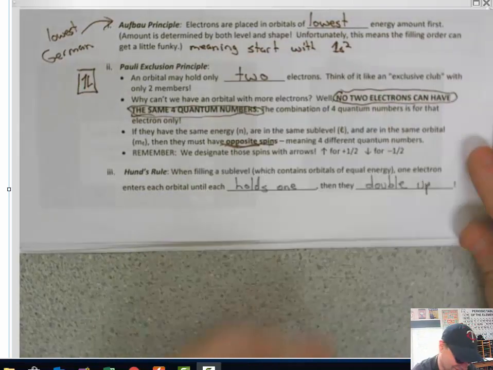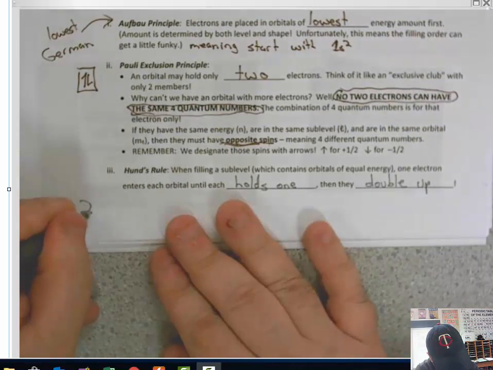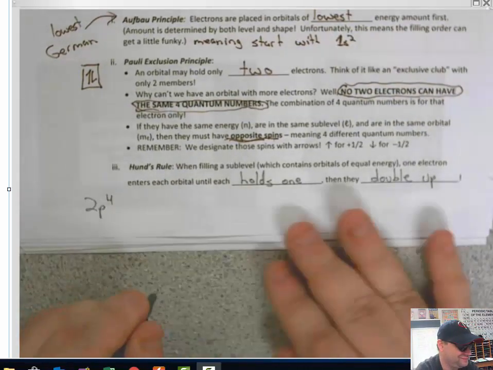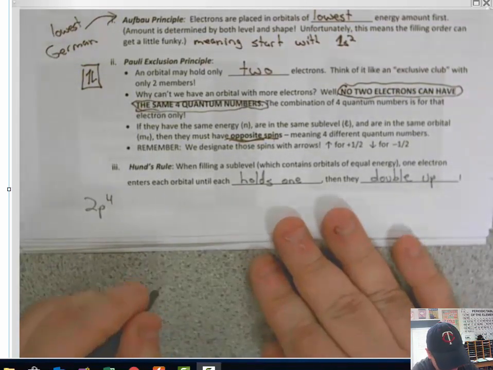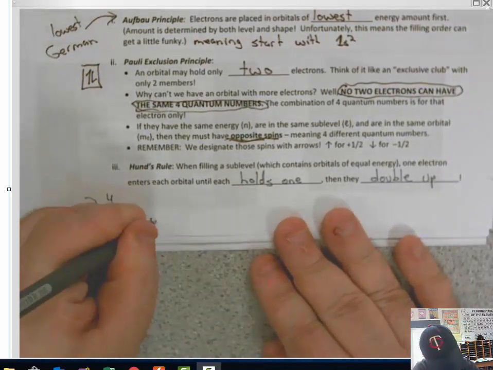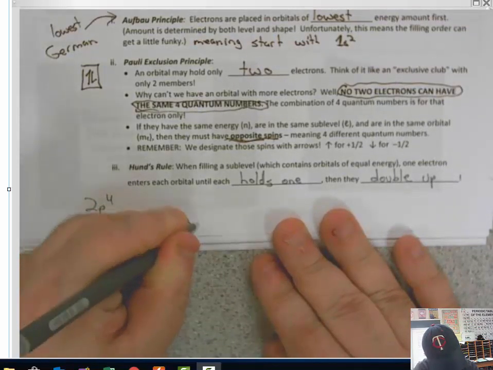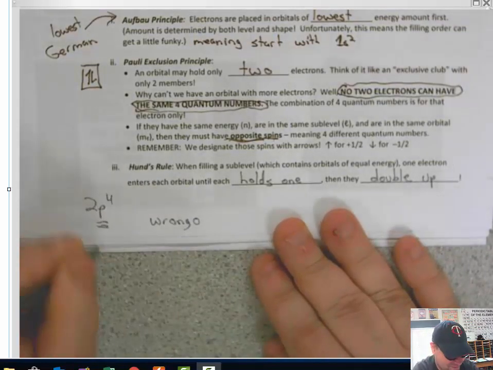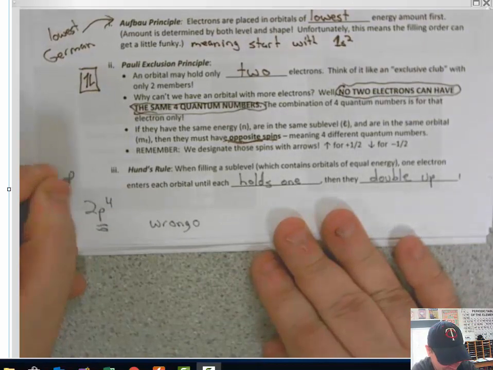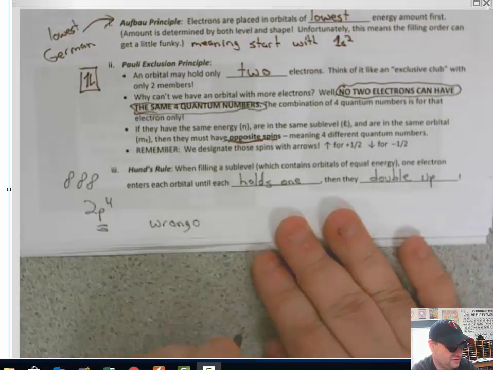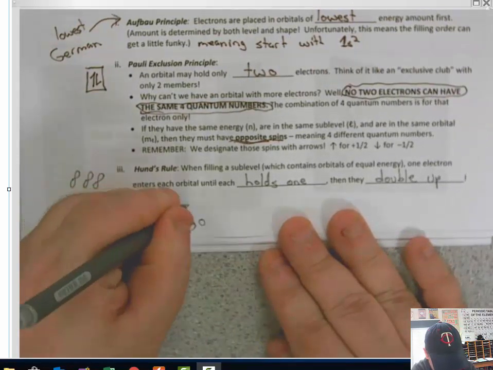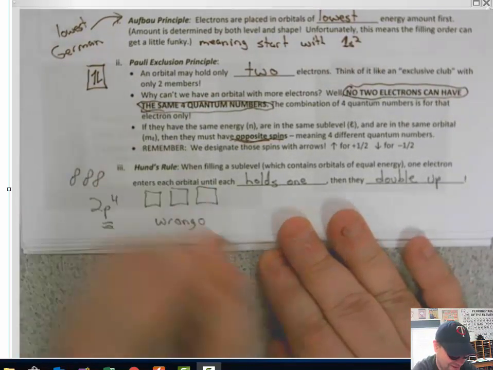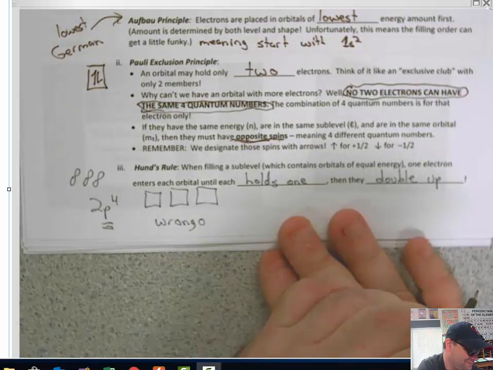Okay. Suppose we're doing 2p4. First, we're going to do it the wrong way. This is a p orbital. There are three p-shaped orbitals. So you're going to see me draw three boxes because there are three p-shaped orbitals.